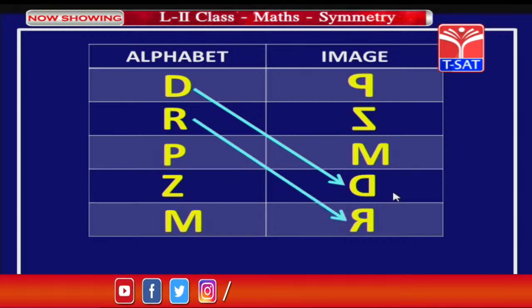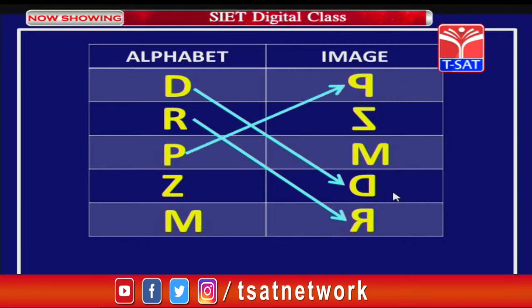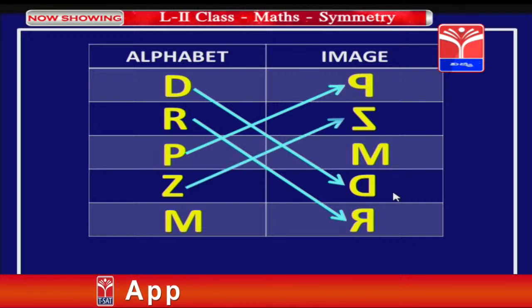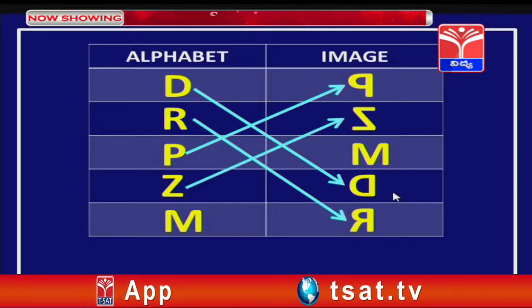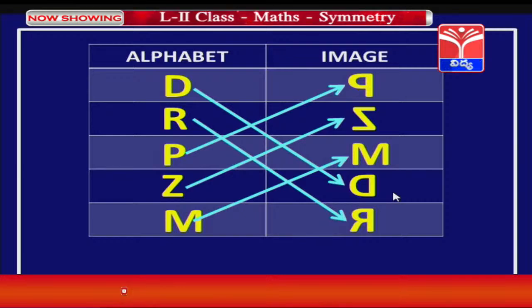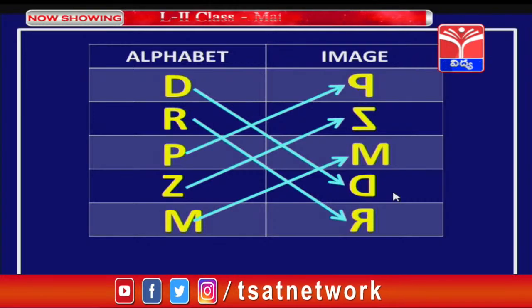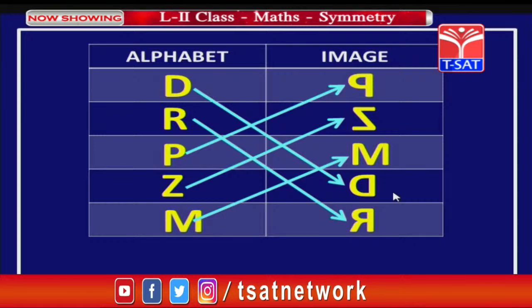Yes, you are right once again children. Now let us move on to the next letter, that is P. You are absolutely right children. Then the letter Z, yes, you are again right children. And M, it looks as it is, there is no change. So children, I hope you have understood how to write the mirror image of letters in the English alphabet.